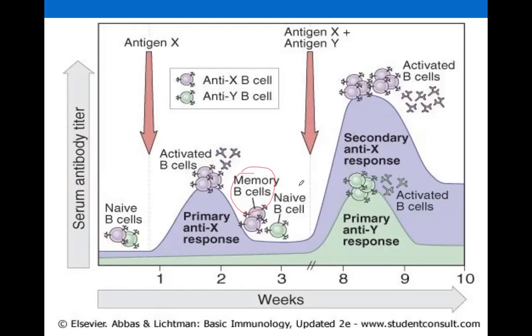Since they don't have antigen Y yet, this B cell anti-Y is the same. No, they will not be activated, and they will not become memory B cell. But okay, some time after this duration, third week, there is a reintroduction of your antigen X, reintroduction or re-exposure, and there will be a first-time exposure to your antigen Y.